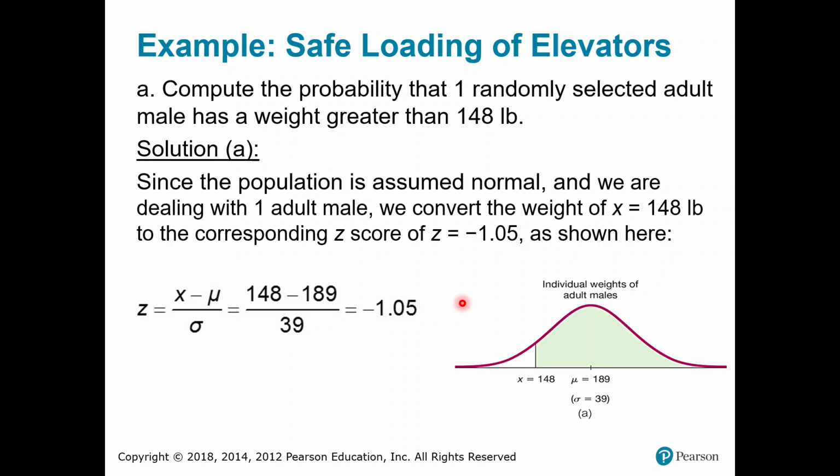Now, because we want to know that the adult male has a weight greater than 148 pounds, to get the probability, we need to find the area to the right of x equals 148, or the area to the right of z of negative 1.05.